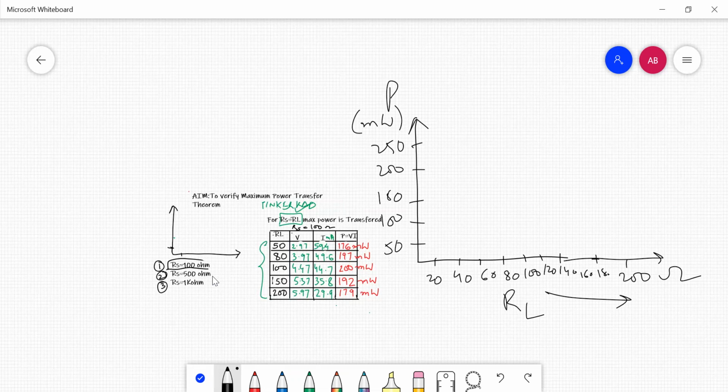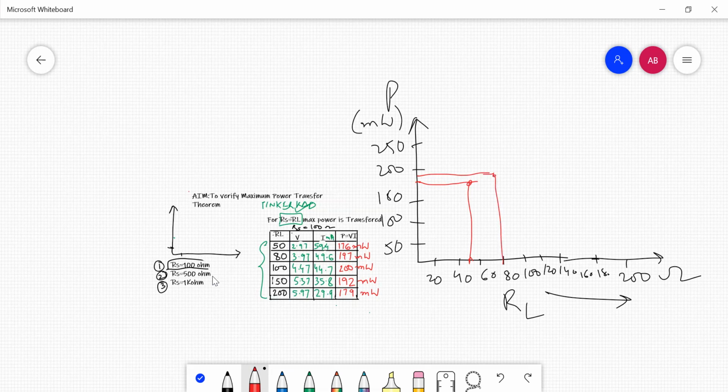Now you have to mark all the values against the RLs. You have got your 50 at this point, and corresponding to 50 you have 176. So that will come somewhere like here. This is your first point. Then corresponding to 80 you have got 197, so 197 will be somewhere like here.